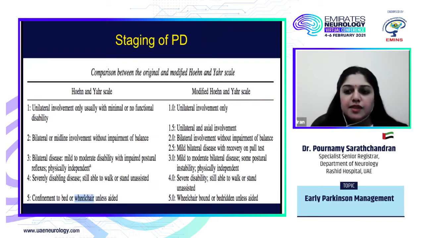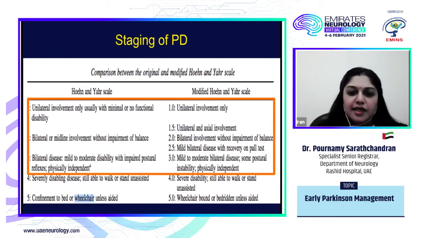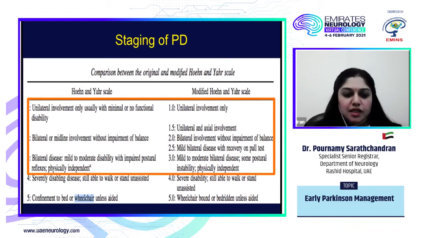Now, how can we stage Parkinson's disease? By the classical Hoehn and Yahr stage, as long as the patient is independent in activities of daily living, we consider it as an early stage of Parkinson's disease. And once they start requiring assistance for activities of daily living, we consider them as having advanced disease.